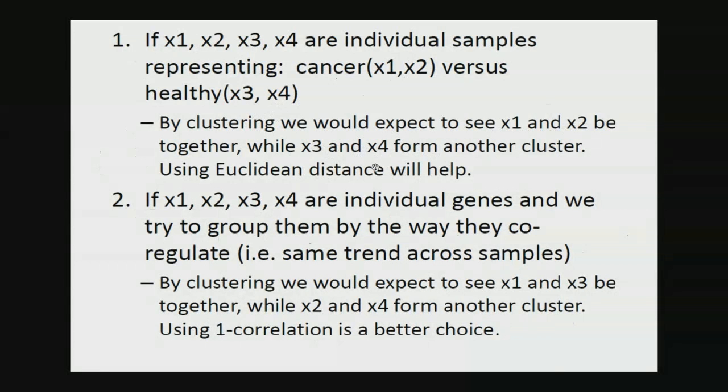This is like looking at the matrix another way, transforming it. But if, like I said from the very beginning, these 4 are genes, then by using the correlation, we'll be able to see the way it behaves, the pattern. That means how they co-regulate together.